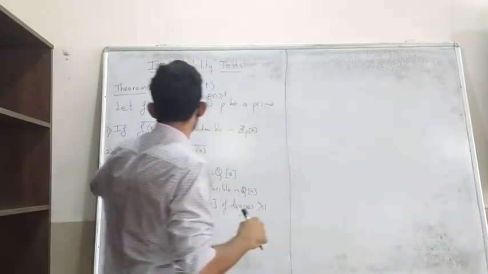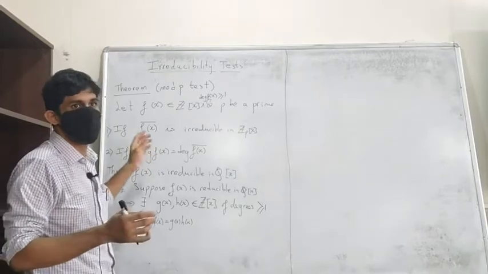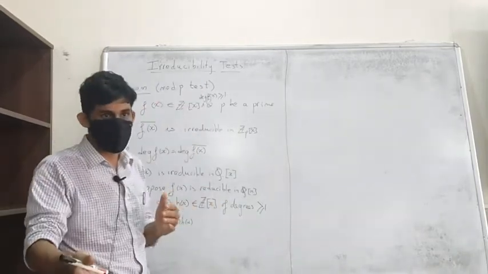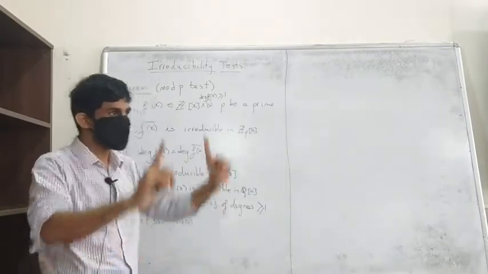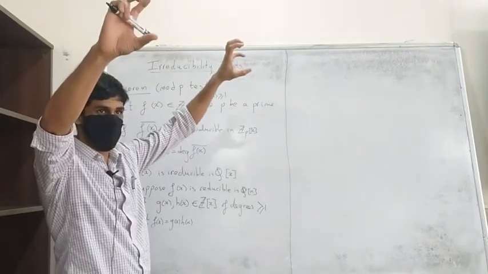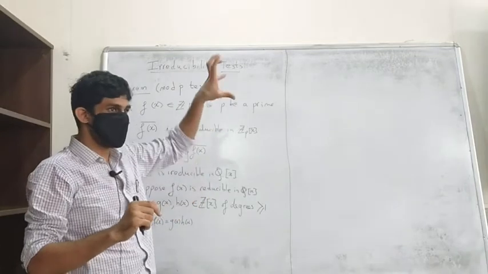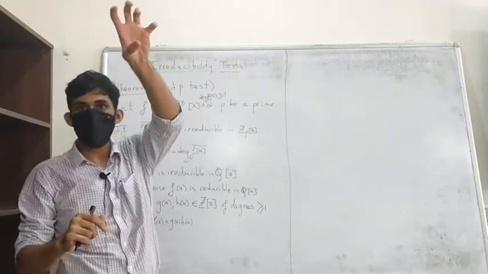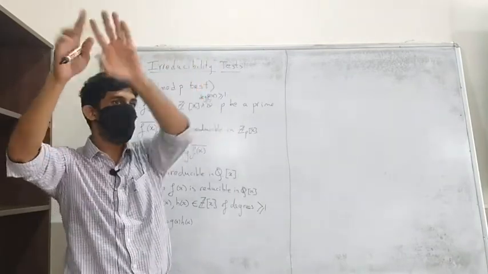So what happens here? We know that this is a usual homomorphism from Z to Zp, that is reducing modulo p. That extends to a homomorphism from Z[x] to Zp[x], which takes each polynomial in Z[x] to the polynomial in Zp[x] that is attained by reducing each of the coefficients down modulo p.